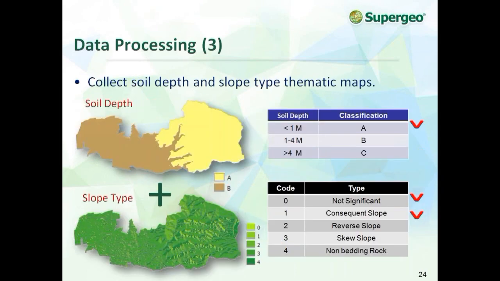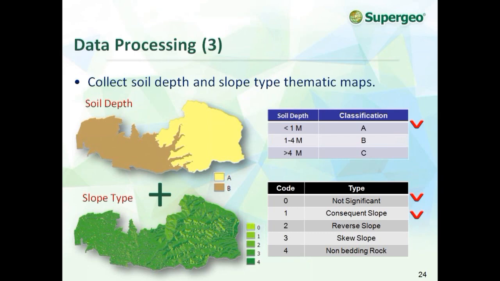Now I do the same thing for the other data. I try to create a second ordinal geology map. I need to collect the soil depth and convert it to ordinal values, and also convert the slope type. Everybody can see the first table and the second table. I set different degrees to represent different meanings, and especially in the second table, the code number means the different slope type.